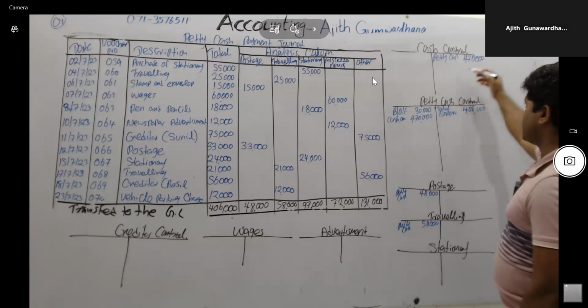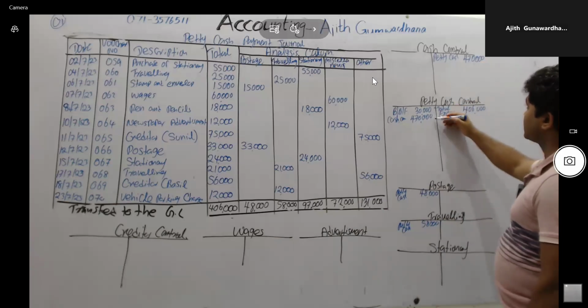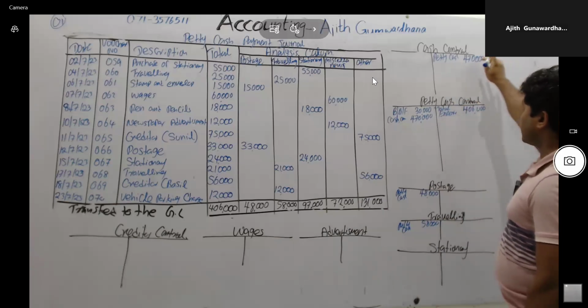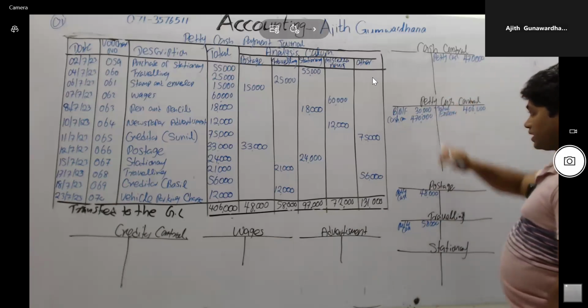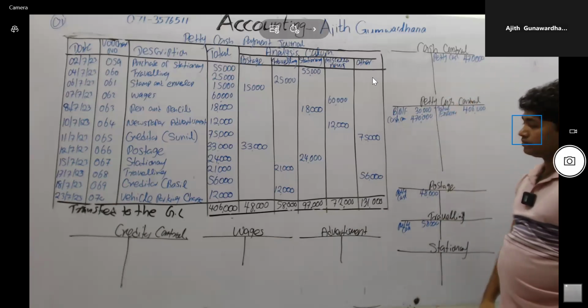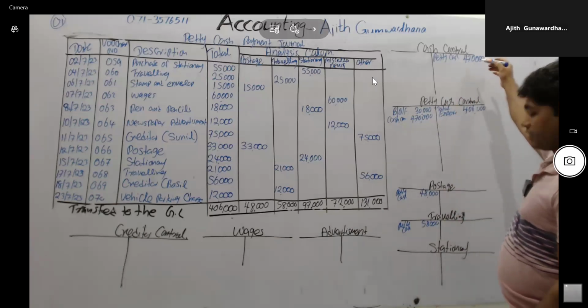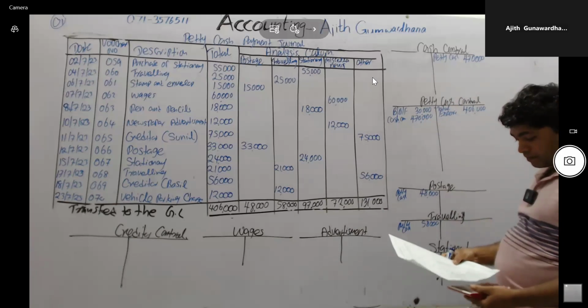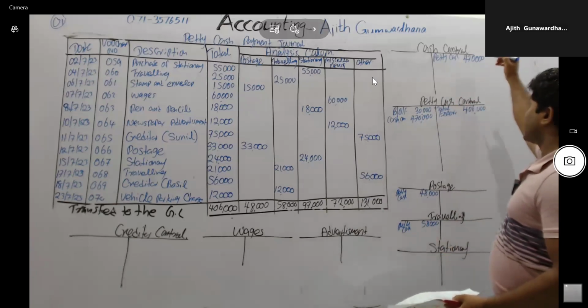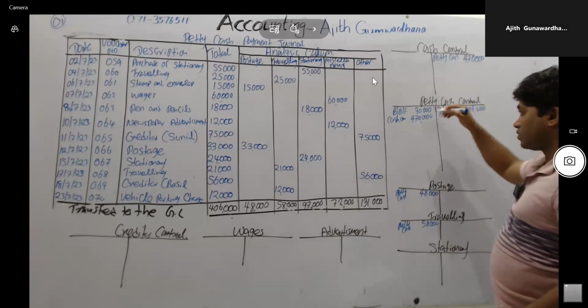Then cash received from chief cashier: cash control account credit, petty cash control debit. Cash received from chief cashier, it is given from the beginning. Cash control account credit, petty cash control account debit.